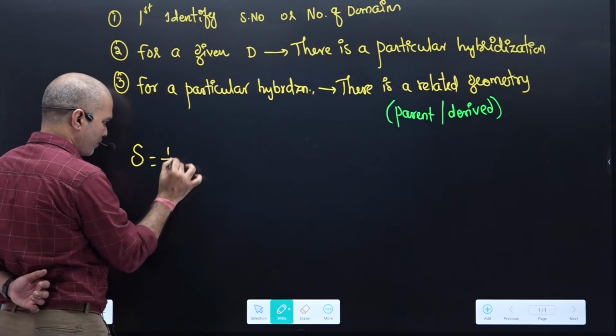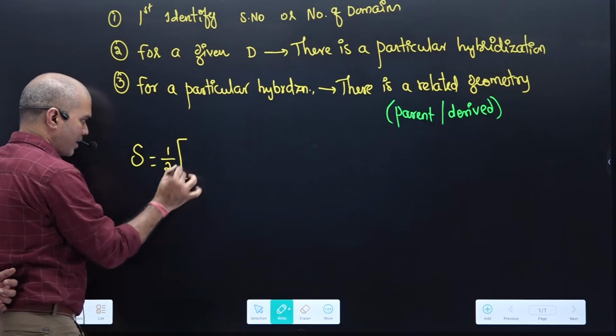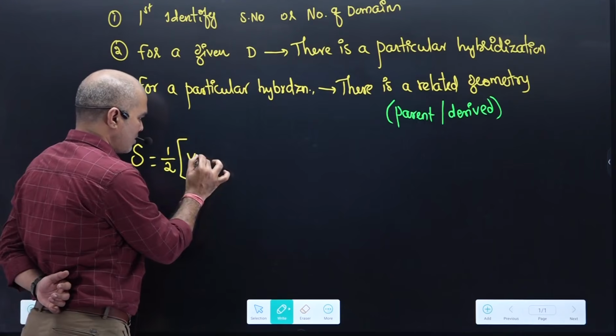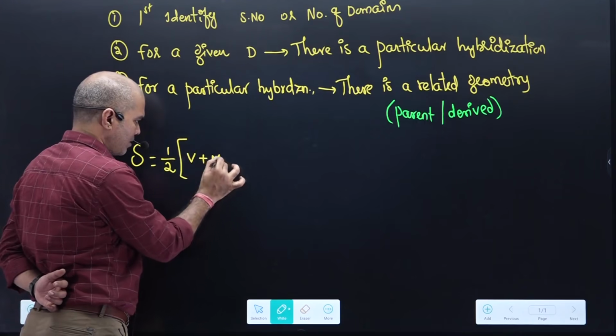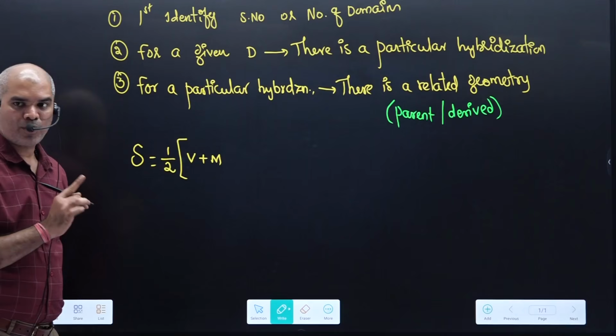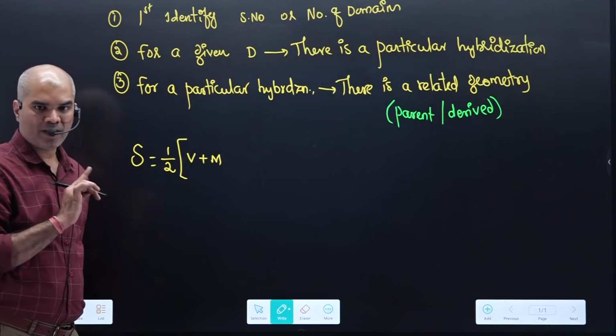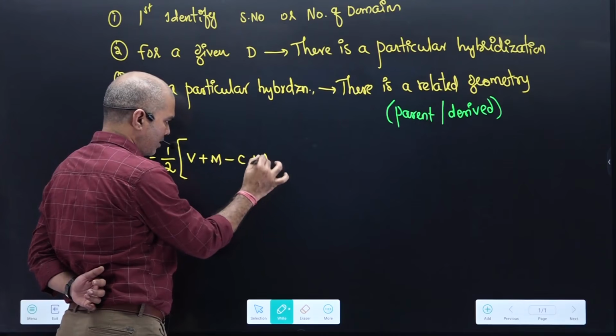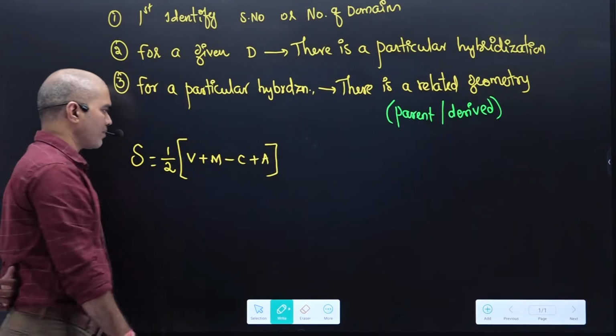Half of valence electrons plus number of monovalent atoms, minus C plus A. This is the standard formula.